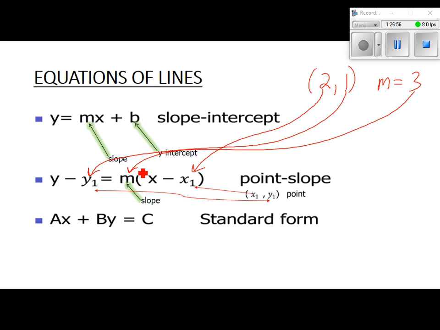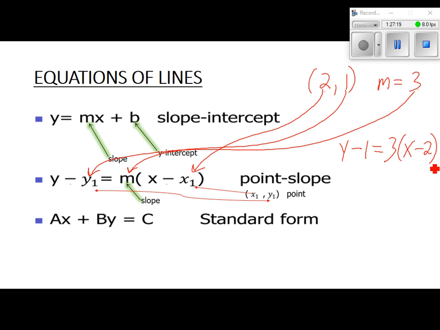So our equation is going to come out looking like y minus, it's always a minus, these signs are always minus, until you stick in a negative, then it's going to change to a plus. So y minus 1 equals, and then for m we stick in 3, parentheses x, and then we stick in the 2 for the other x.